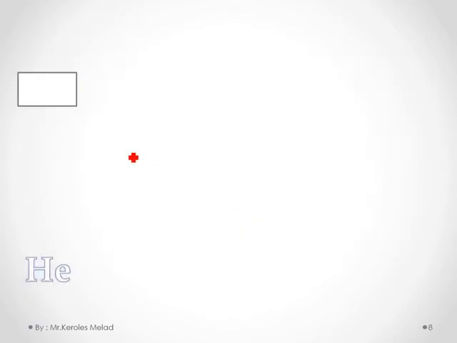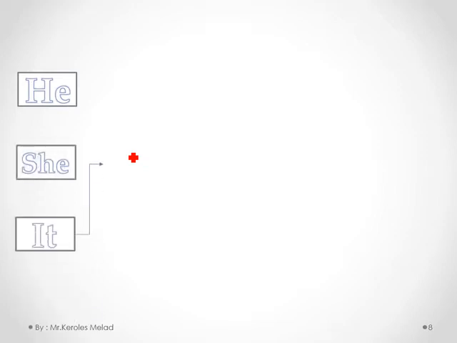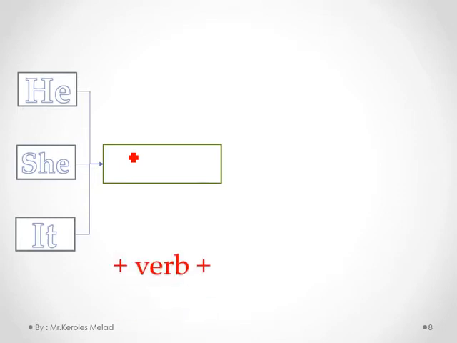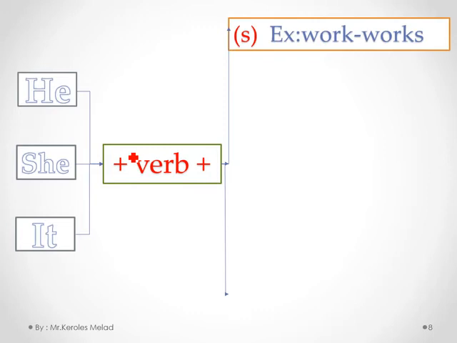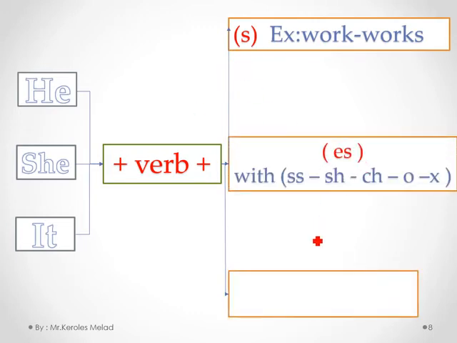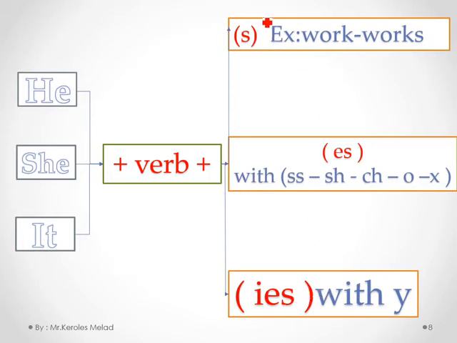And number 2, with he and she and it, as we said before, we will add s or es or ies. S, for example, the verb work will be works. Es with any verb that ends with ss, sh, ch, and x. Ies with any verb that ends with y.